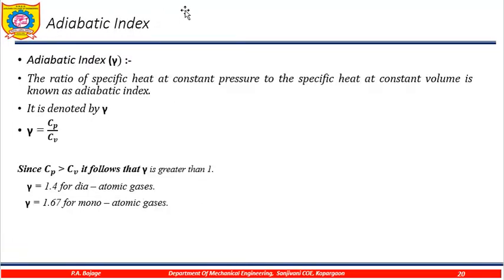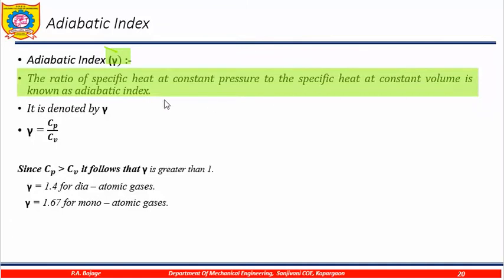Now, let us discuss what is an adiabatic index. Now, adiabatic index gamma is the ratio of specific heat at constant pressure to the specific heat at constant volume. So, it is an index or a ratio.